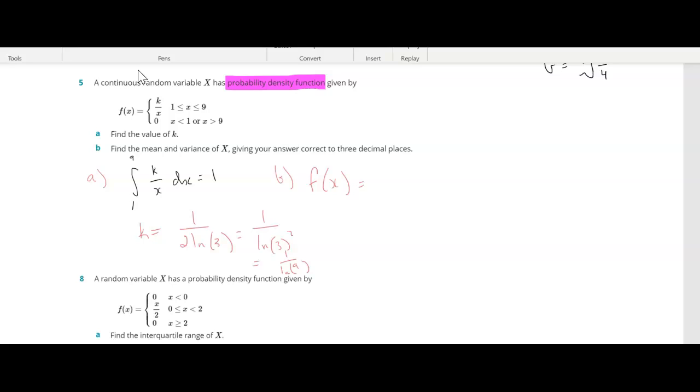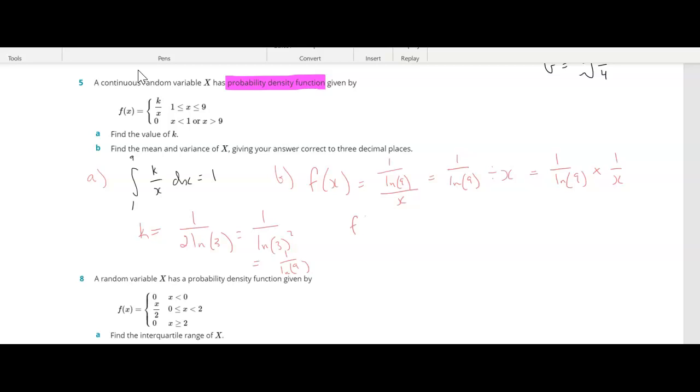So your function is 1 over natural log 9 over x. So we've basically got 1 over log 9, times 1 over x.